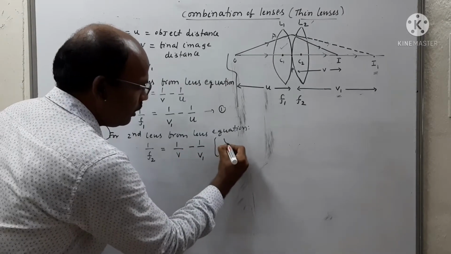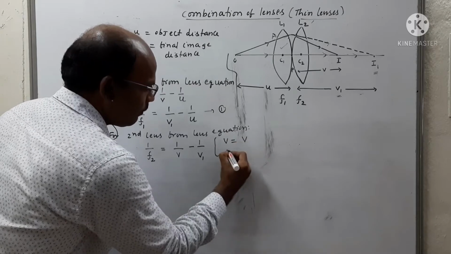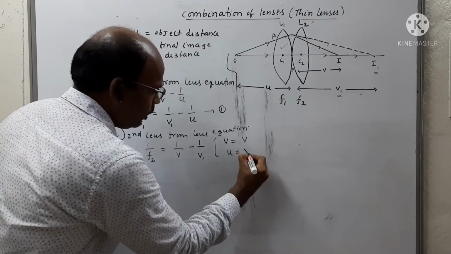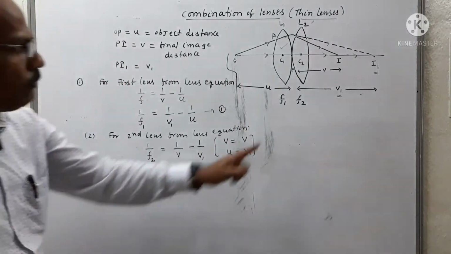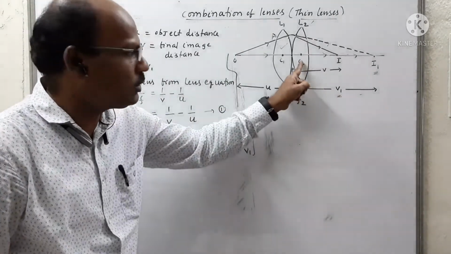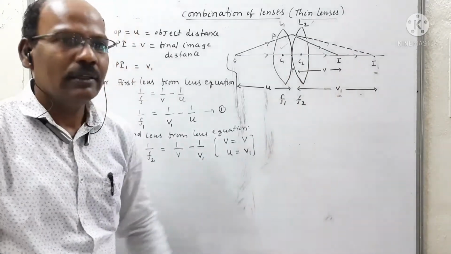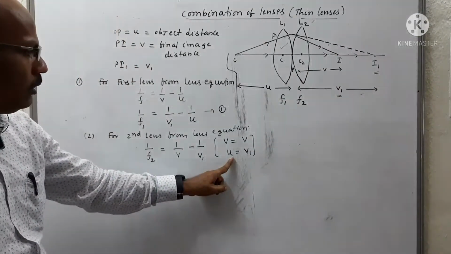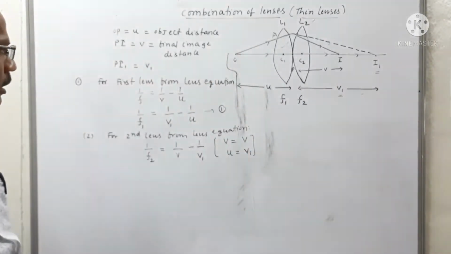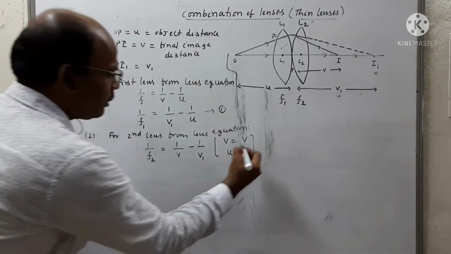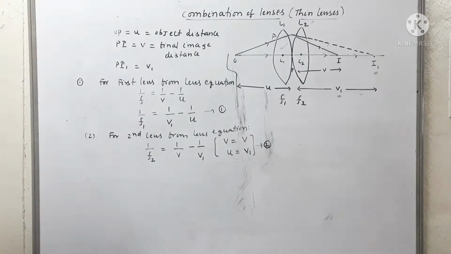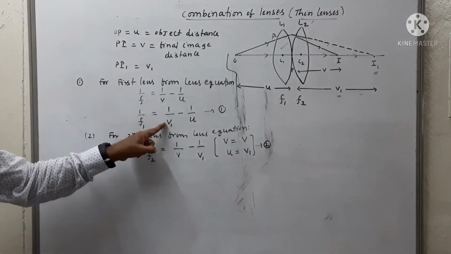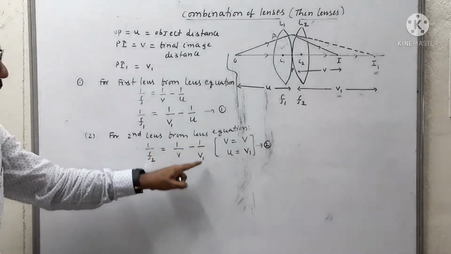Here V is the image distance and V1 is the object distance. So V1 acts as the object for this lens, so we write V1 in place of U, and V is the final image. This is called equation 2.